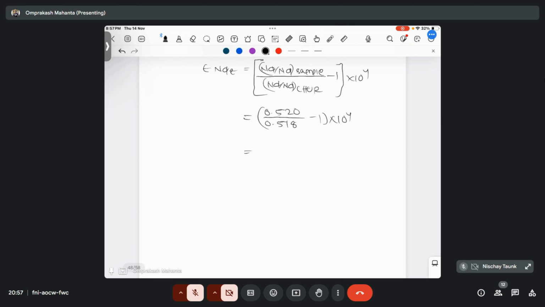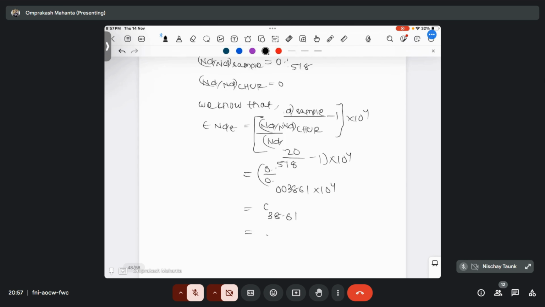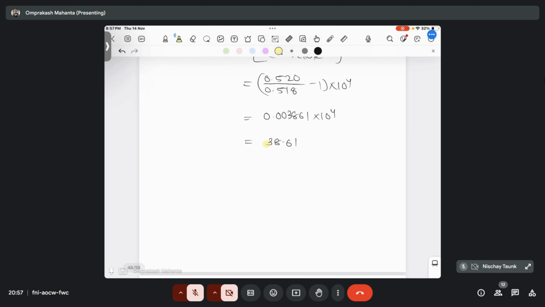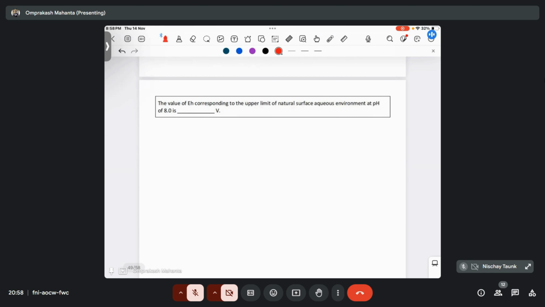So it will be 0.003861 into 10 to the power 4, which comes around 38.61. Okay, this will be the value of epsilon Nd. Remember the formula, they may ask. This is the formula. So let's move to the next one.